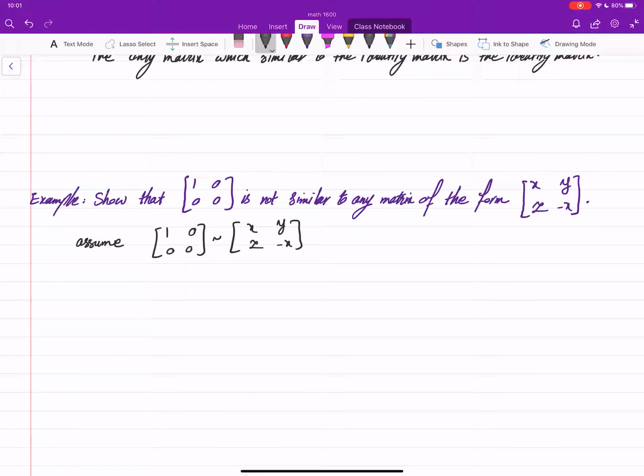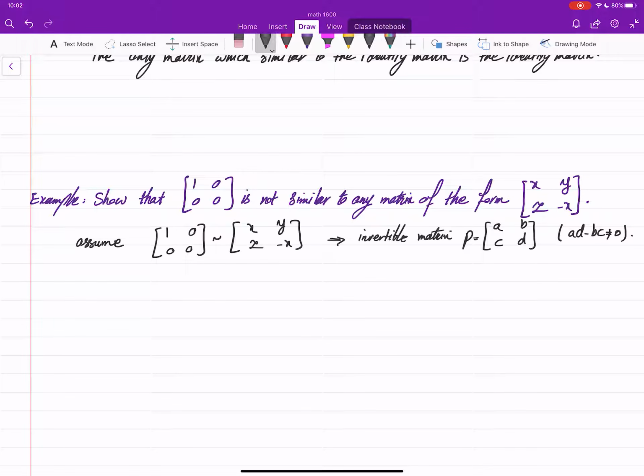This means that there exists an invertible matrix P. It is a 2 by 2 matrix, so I will write just A, B, C, D. And to be invertible, it means that AD minus BC is not equal to 0.